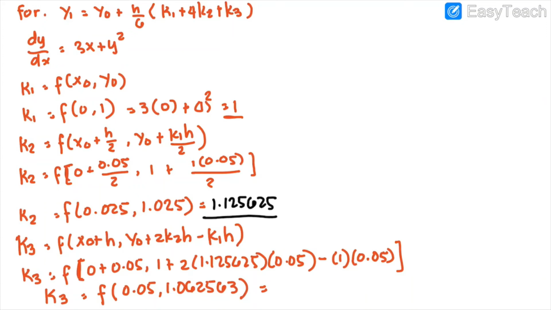Simplify, substitute to your equation again for x and y, gives us the value of K3 of 1.279040.